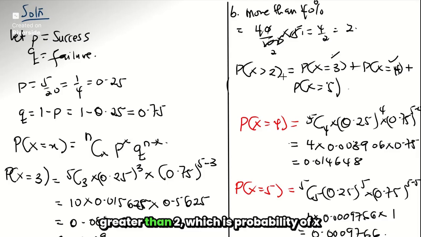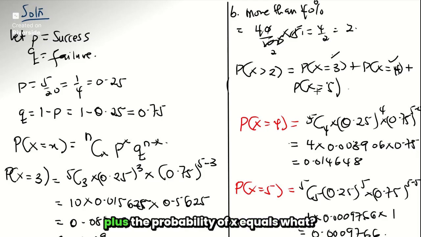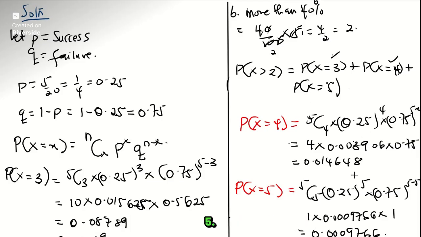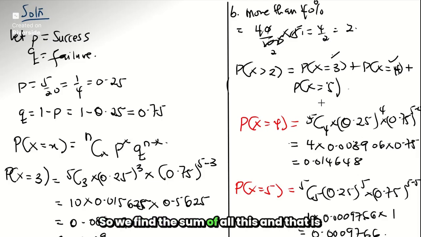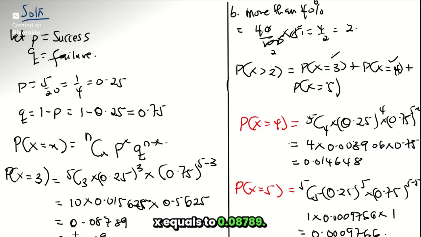So we are interested in the probability of X greater than 2, which is the probability of X equals 3 plus the probability of X equals 4 plus the probability of X equals 5. We find the sum of all this. We already know that for X equal to 3, that is 0.08789.